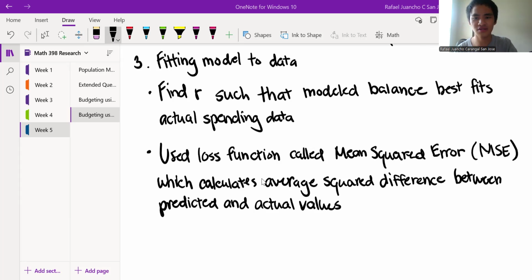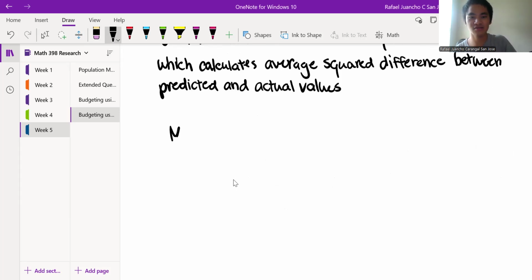So what does this model look like? Here's how I looked at it. My MSE, I put in my R. This is how I got my R. This is equal to 1 over n, times a summation, where n is up here and i equals 1.